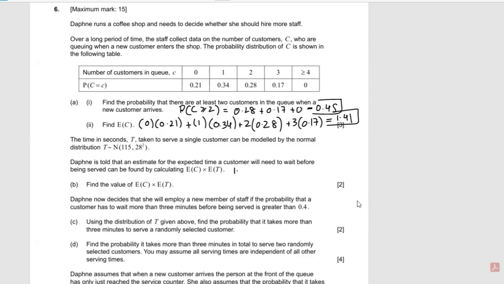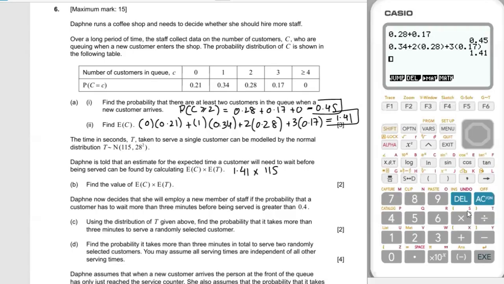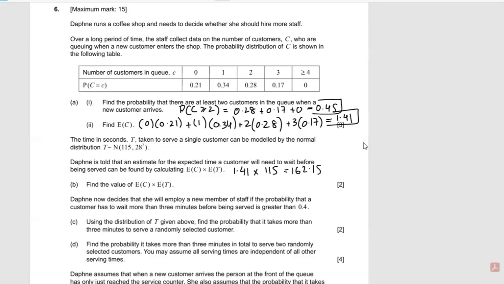The expectation of this T distribution, the time in seconds, is just the mean, 115. So the expected value is the mean. Let's times this with 115, and I'm getting 162.15. You can say 2 minutes is 120 seconds, so 42.15, about 42 seconds. But it's fine, you can leave your answers as seconds. Nowhere does it restrict you to give your answer in that way.